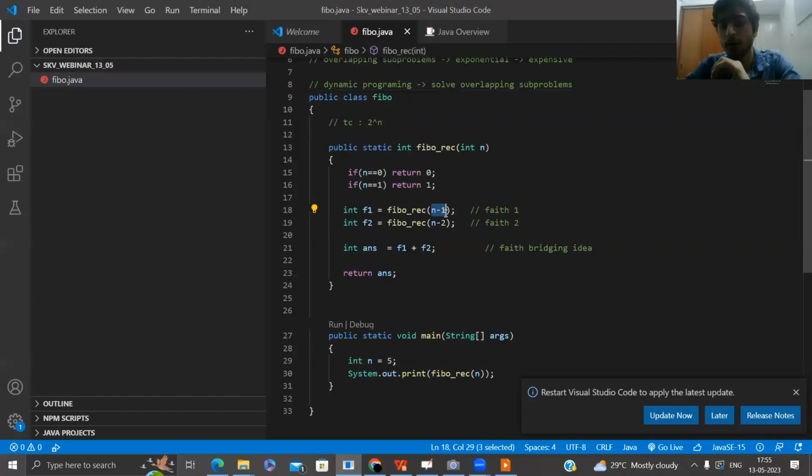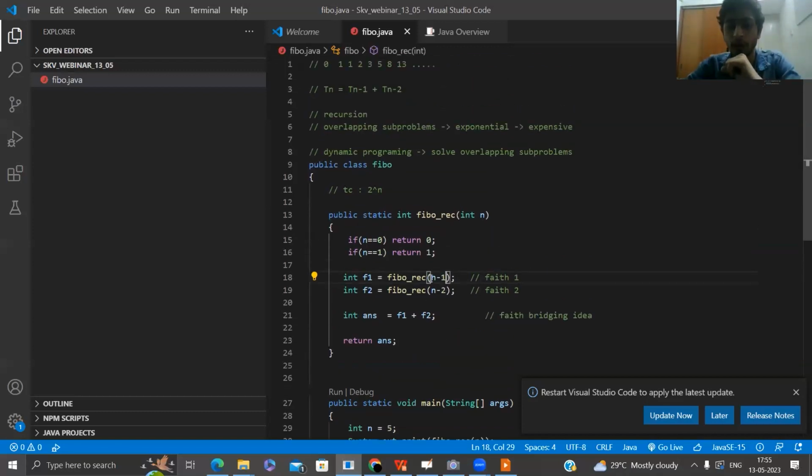If the number of parameters varying is 2, the storage is going to be of two dimensions. Here the number of parameters that is varying is 1 because only n is varying. n was initially n, then it went to n minus 1, n minus 2. So just one variable is varying.